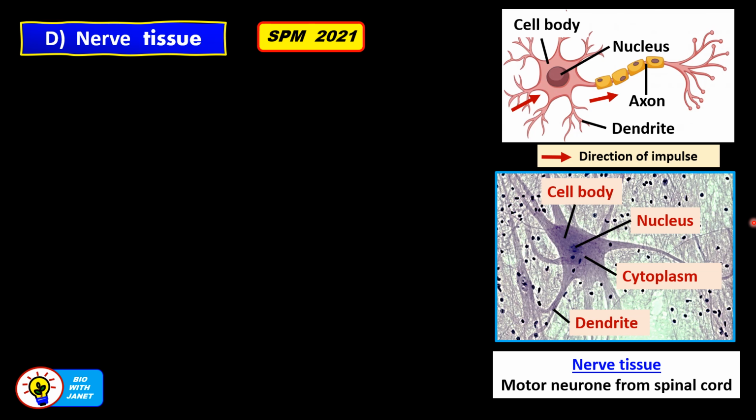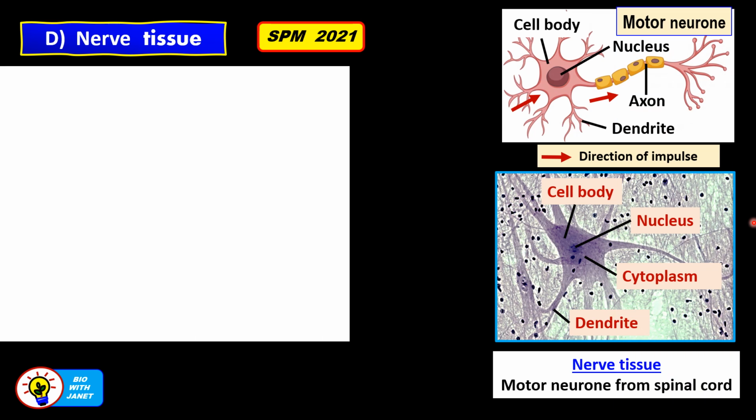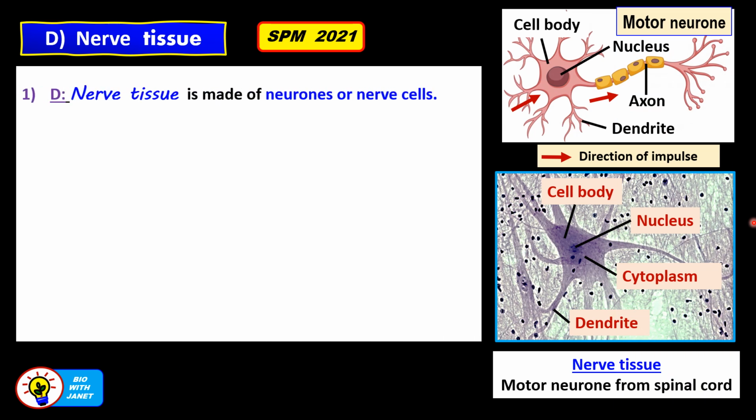Okay, these are the organs that have a high concentration of nerve tissues. Right, so firstly, nerve tissue is made up of neurons or nerve cells. Now, the British spelling for neurons has an E at the end. The American spelling does not have E. So we use the British spelling. Okay. Now, the structure of nerve tissue.